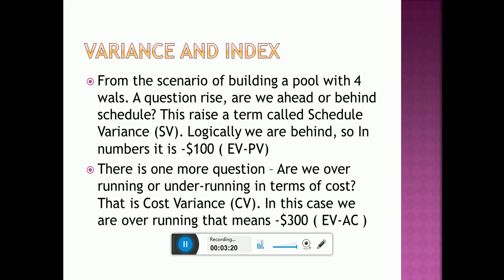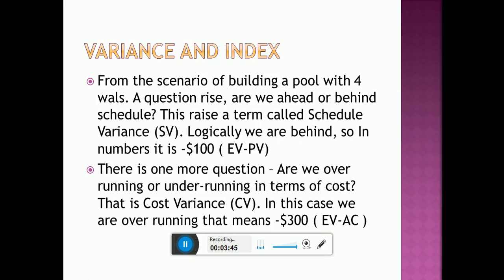Logically, as we can understand, we are 1 wall behind, so it will be minus $100. If you want to calculate it, it's EV minus PV. That's a very simple formula to calculate the schedule variance.